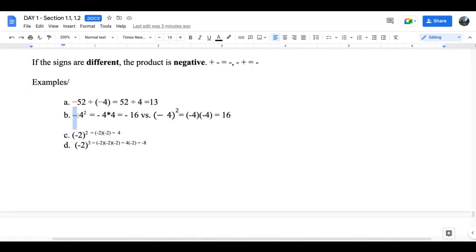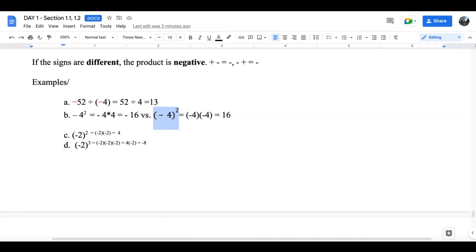But be careful with this. This is negative 4 squared. The square has nothing to do with the negative sign, so 4 squared is 16, and we get negative 16. But with this one, we have parentheses around negative 4, so that's negative 4 times negative 4.